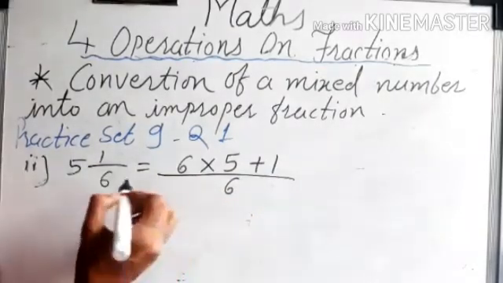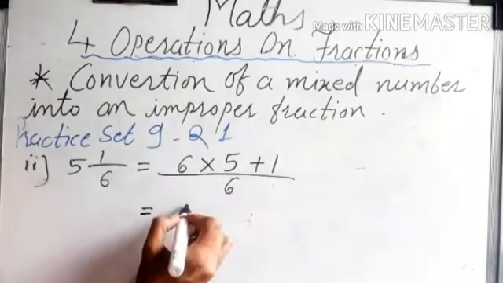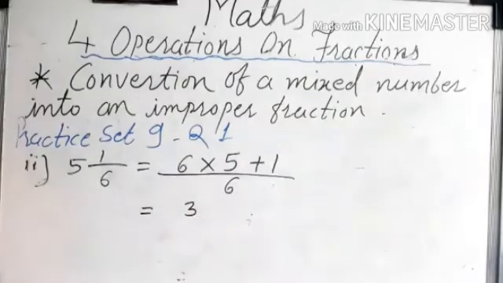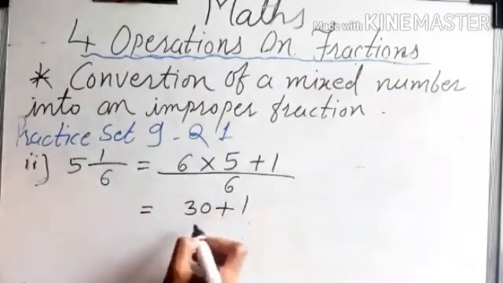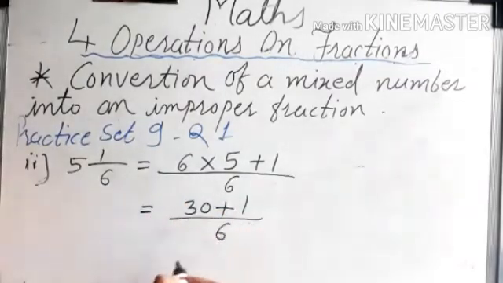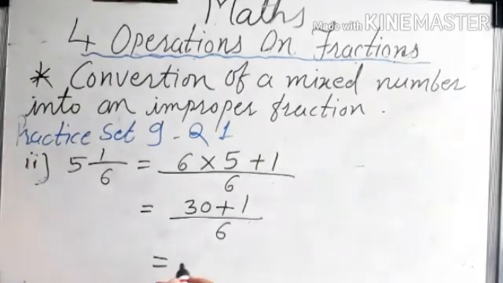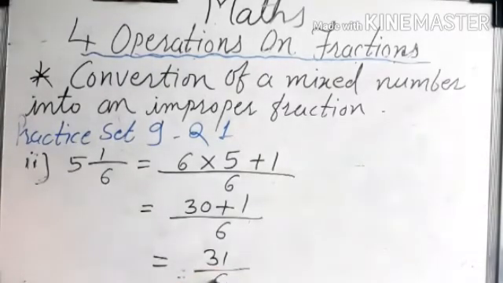Then solve this. 6 5s are 30 plus 1 upon 6. Then 30 plus 1 is 31 upon 6.